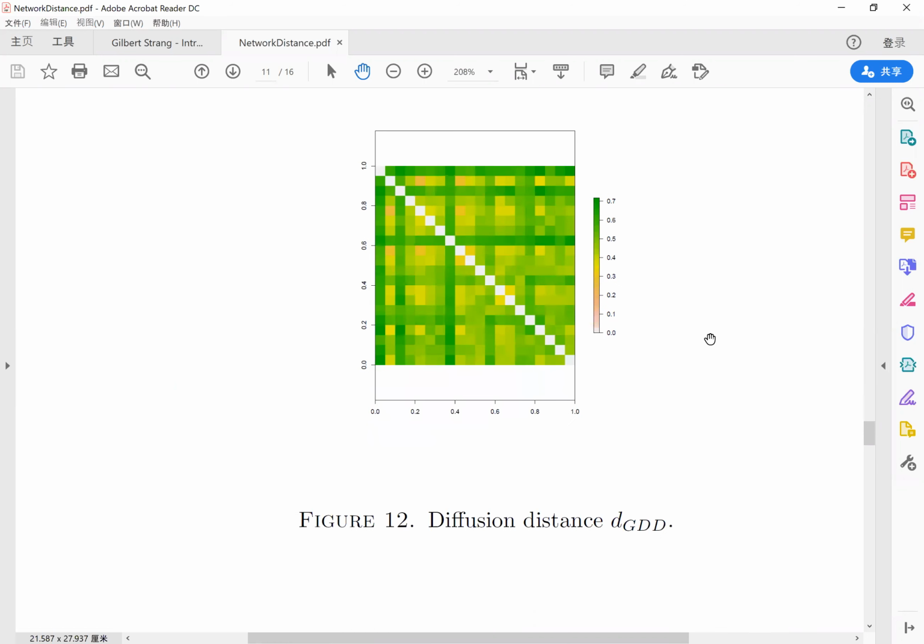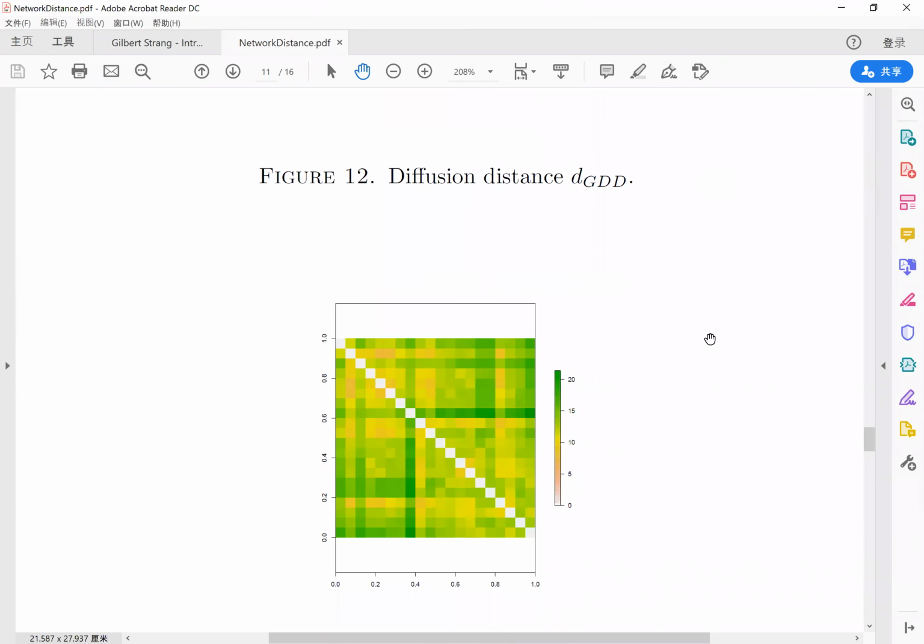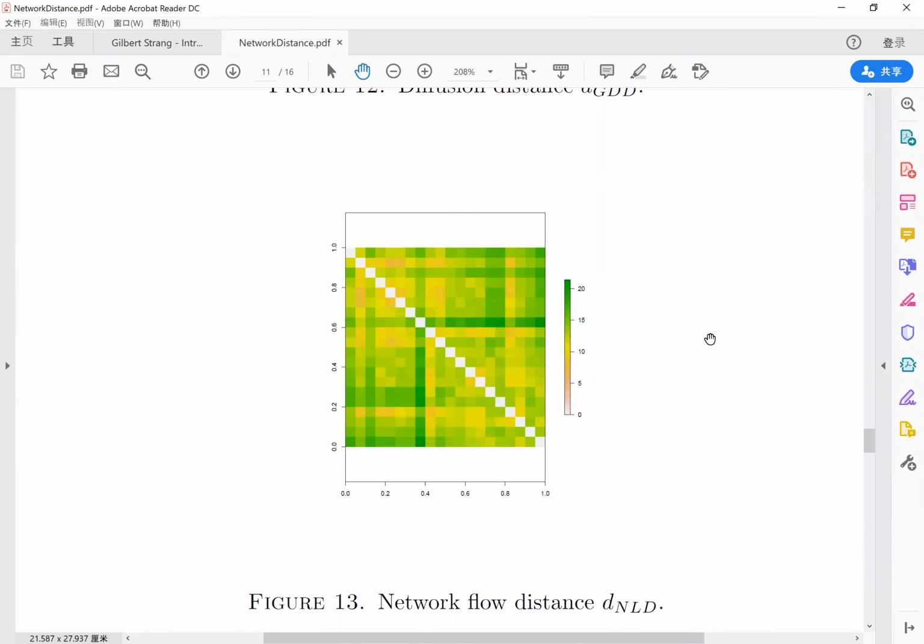Figure 12 is what we obtained using another algorithm, so we compare with a similar algorithm. Figure 13 is also obtained by our algorithm.